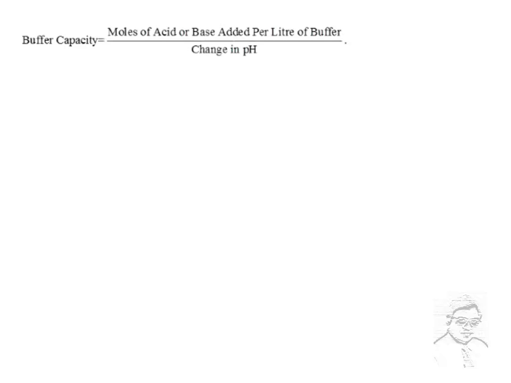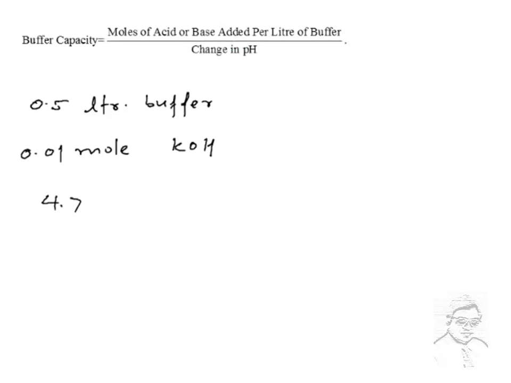Suppose you have half liter of buffer solution, and in that you are adding 0.01 mole of KOH, and you find that pH changes from 4.745 to 4.832. Then what is the buffer capacity?